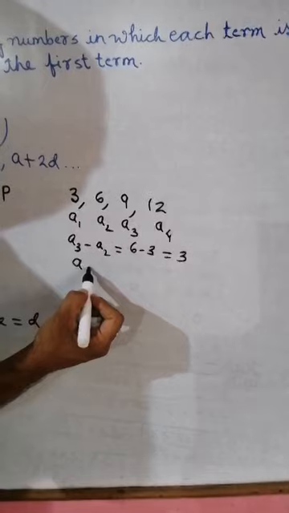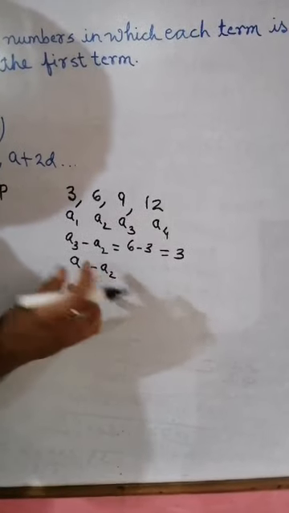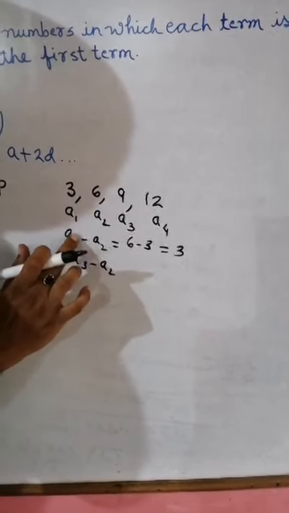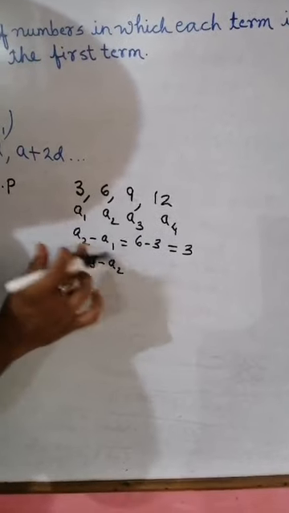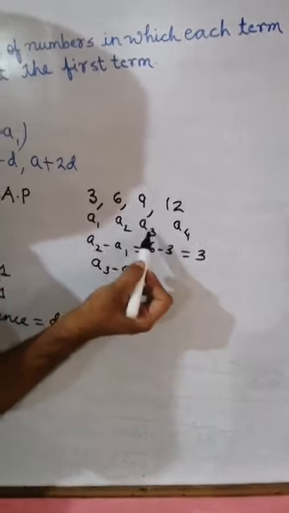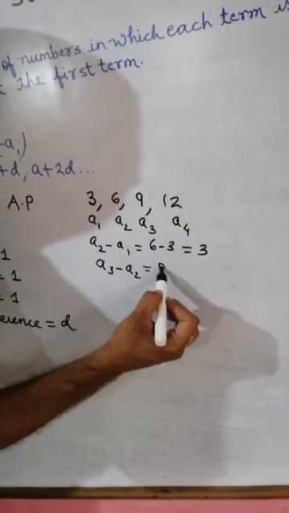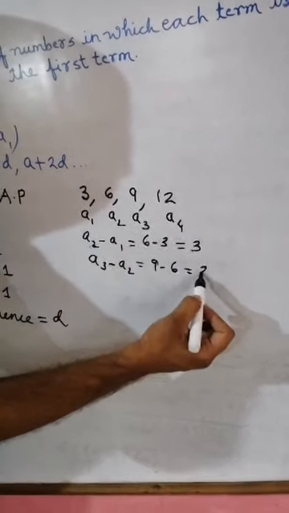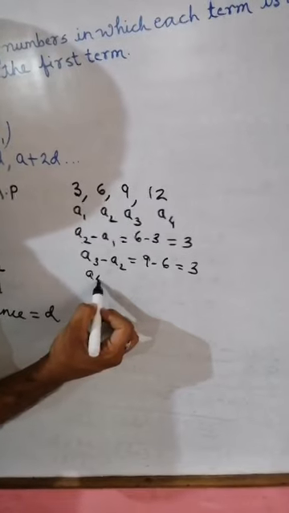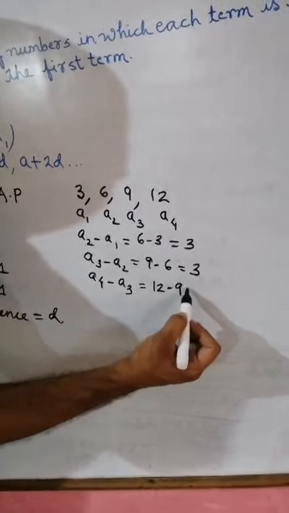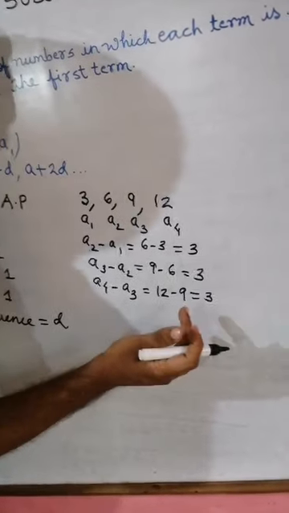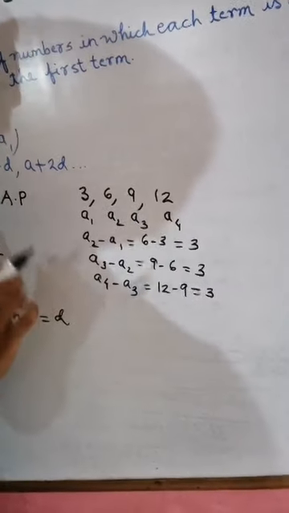Again A3 minus A2 is 9 minus 6, which is 3. Again A4 minus A3 is 12 minus 9, and again the answer is 3.